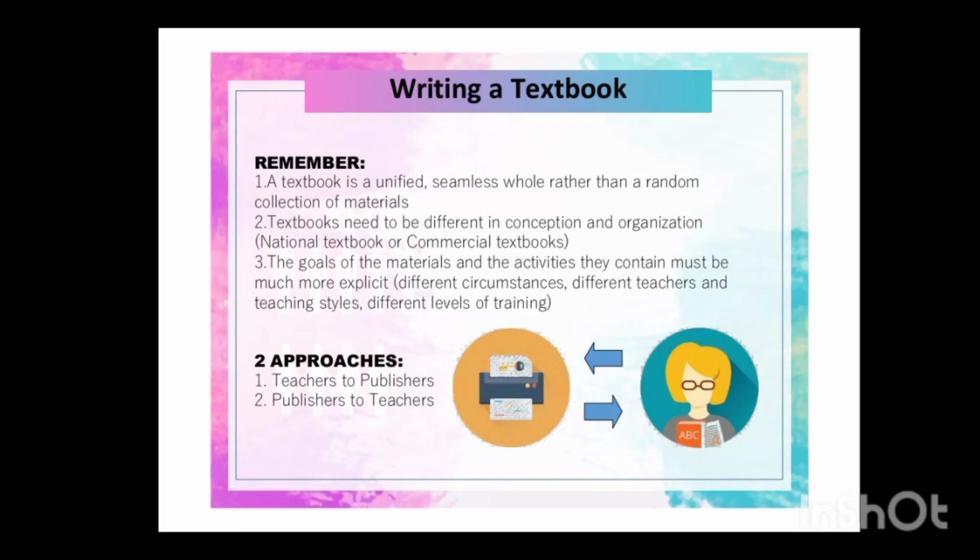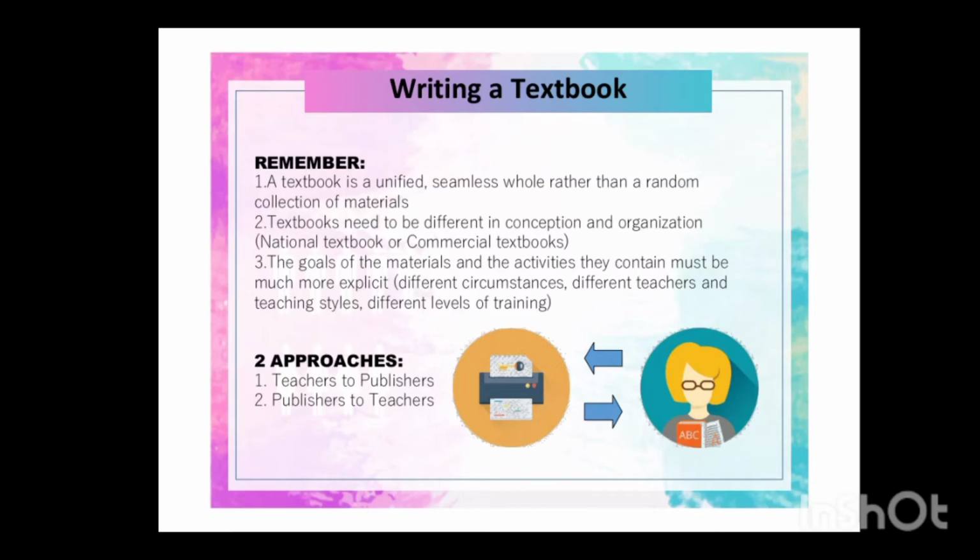They can be used by different teachers, because each teacher has a different teaching style, and they should be suitable for different levels of training. They could be suitable for random users. I say random because we do not set the subject; we do not know who will use it later.